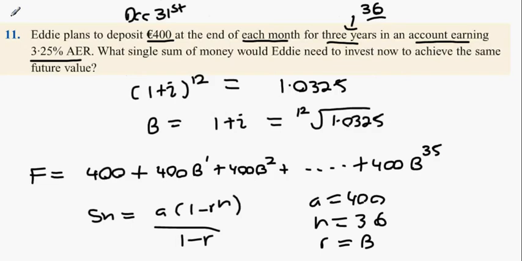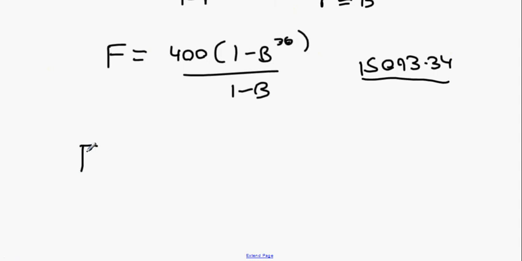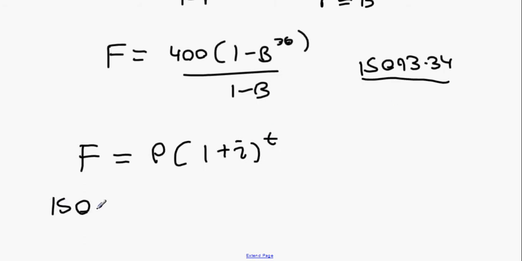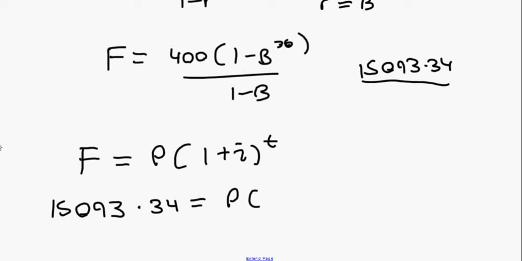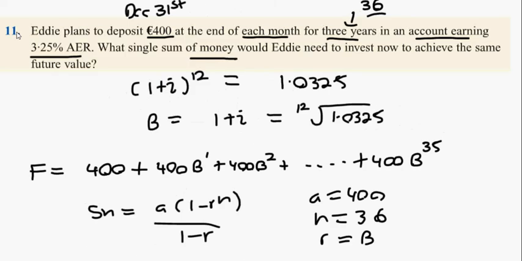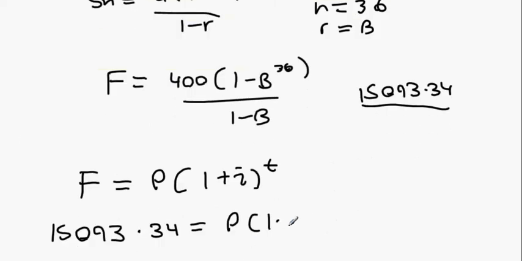Now Eddie is thinking about just investing a single sum of money. So Eddie's single sum of money will be equal to P. So it's going to be P times (1 plus i) to the power of t. So the future value is 15,093.34. Our P value we don't know. Now we're going to do it by yearly amounts this time. So he's going to invest it for 3 years, so it's going to be 1.0325 to the power of 3.